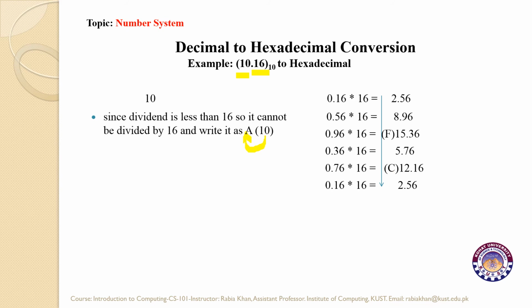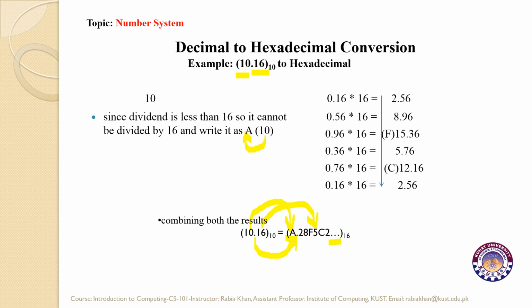We now need to merge the integer and the fractional part conversions. So 10.16 in base 10 is equal to, for the integer 10, we wrote A. A is the symbol for the representation of 10 in hexadecimal, as 10 is not a valid digit. Then the point remains at its place, and 0.16 has been converted to 0.28F5C2 and so on.